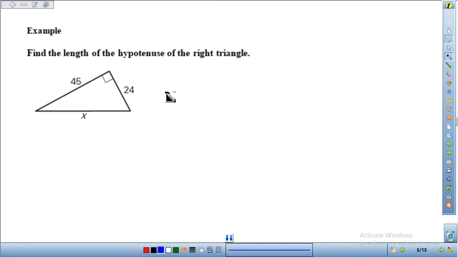Here's an example. Certainly you can go through and work through yourself. I'll go ahead and solve it up here and then check your answer when you're done.